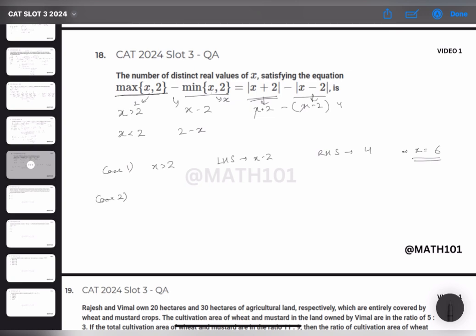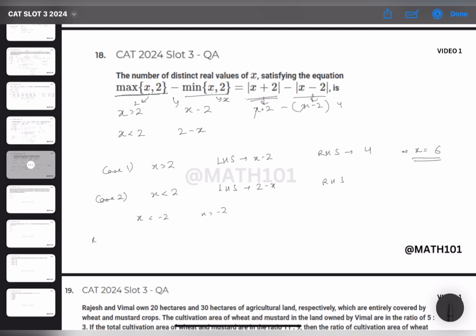Case 2, when we take x less than 2, LHS becomes 2 minus x. For RHS we'll have to see whether x is greater than minus 2 or not. So again here we'll make two cases, x less than minus 2 and x greater than minus 2.